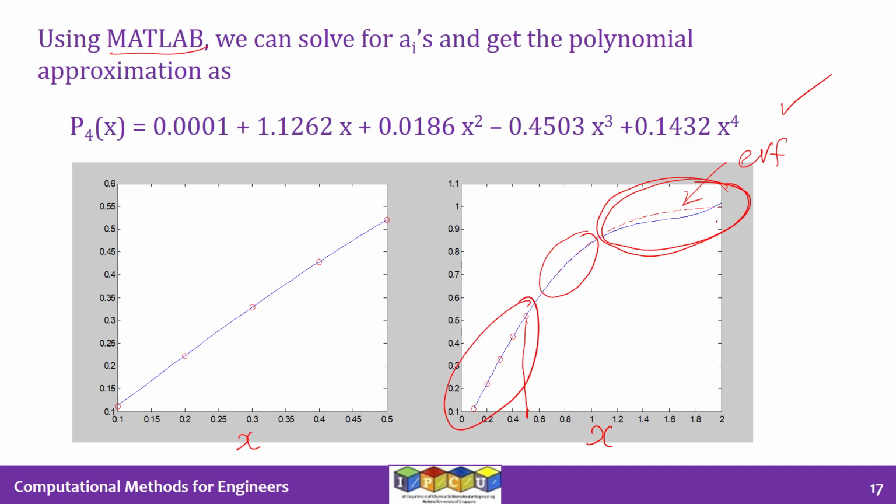And interestingly, this polynomial may not saturate at 1, whereas the true function saturates at 1. So this kind of an interpolating polynomial is best used for what it was intended for, interpolation purposes or for very minor extrapolations. If you extrapolate it too much, the errors can be large and sometimes disastrous.